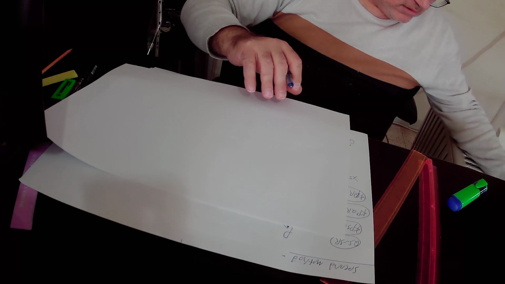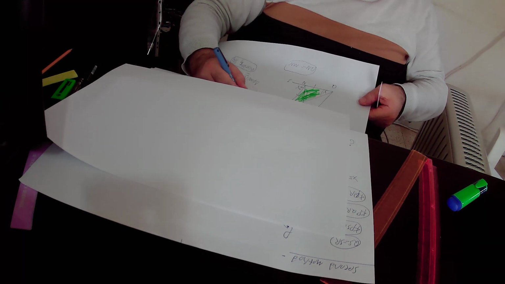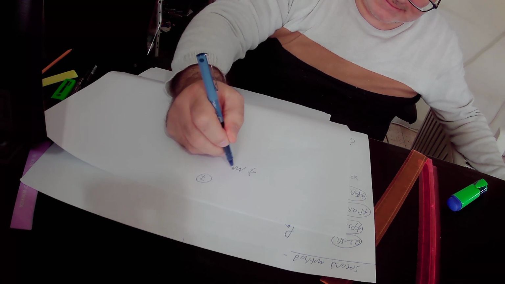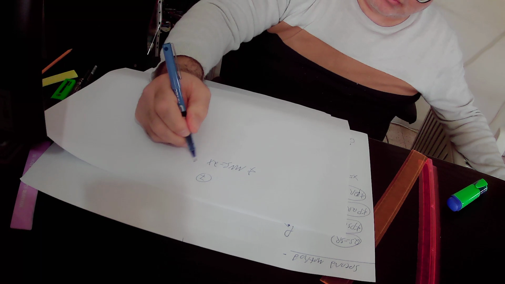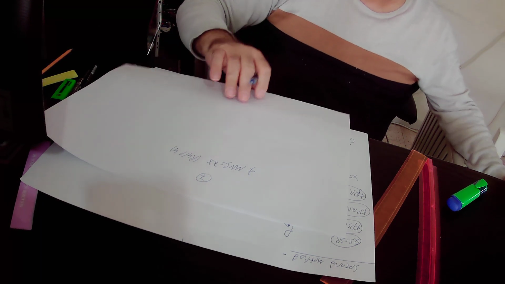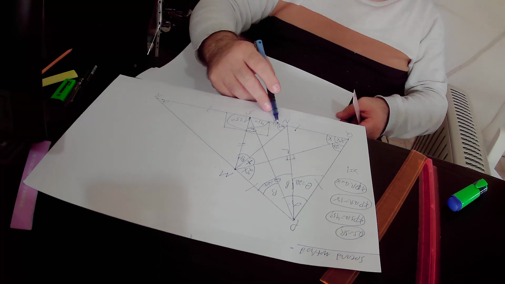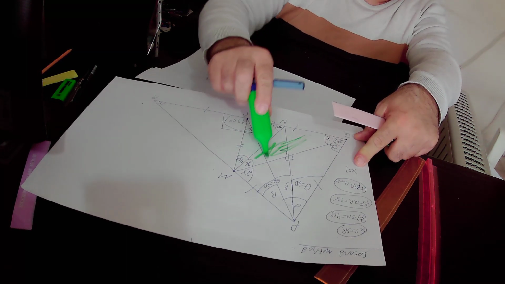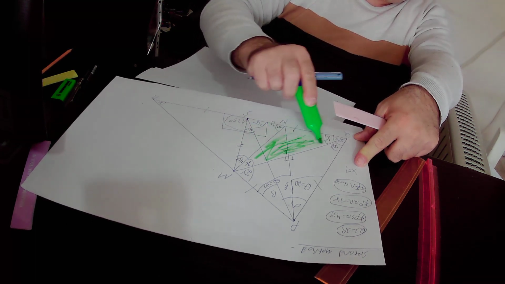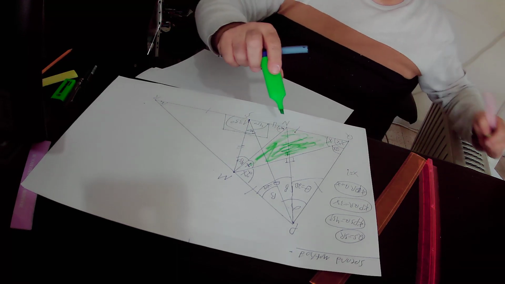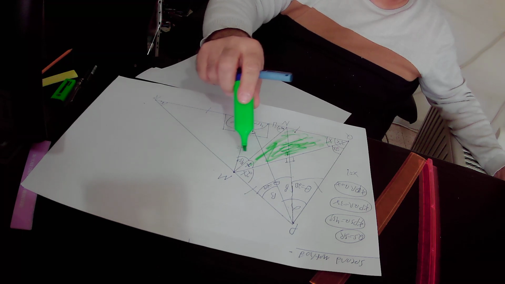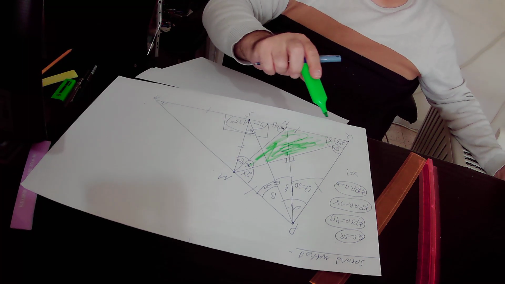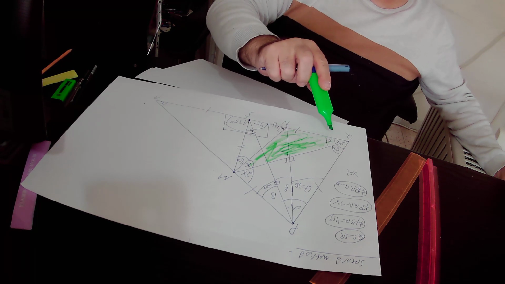I repeat again: angle MNS, the exterior angle of the green triangle MQN, according to rule number 4, equals the sum of the two angles that are not adjacent to it, and those are x and x.